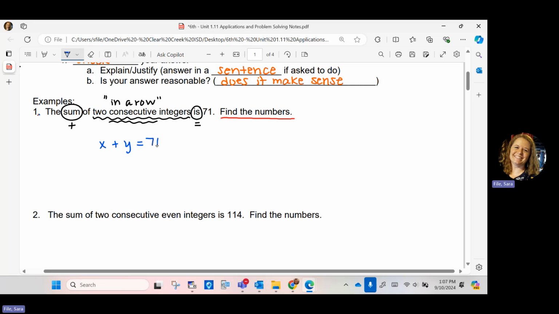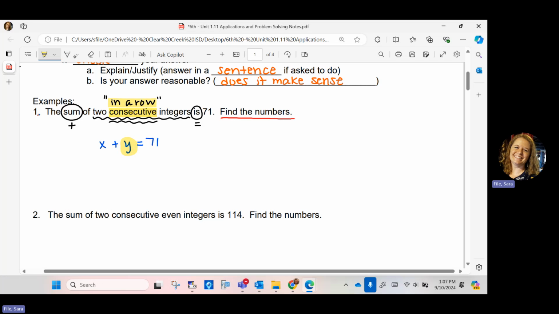Now, I can't solve that the way that I wrote it with x and y because it's 2 different variables, 2 different letters. To be able to solve this, I need them to be the same letter. But the fact that they are consecutive, or in a row, that tells me I can replace the y and put it in terms of x.